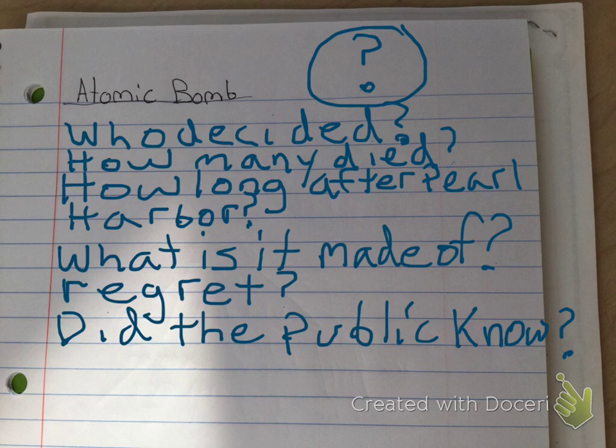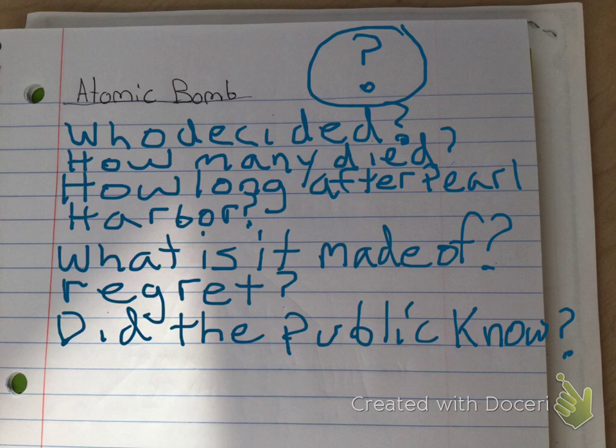What do I want to know about the atomic bomb? So I want to know who decided to drop it. How many people died? How long after Pearl Harbor did it happen? What is it made of? Regret? Like, do the people who ordered it feel bad? And did the public know?